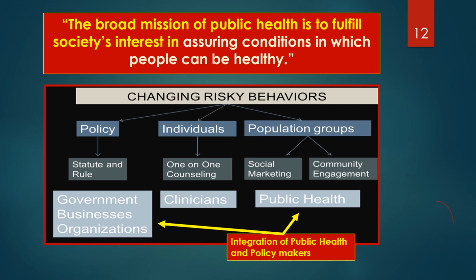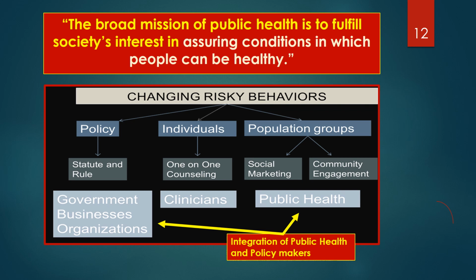One public health primary prevention strategy is to reduce risky behaviors by influencing the conditions or environment in which people live, reflected in the IOM statement, assuring conditions in which people can be healthy. Influencing conditions or the environment of population groups is often related to policy development and implementation from governmental bodies, businesses, and organizations.